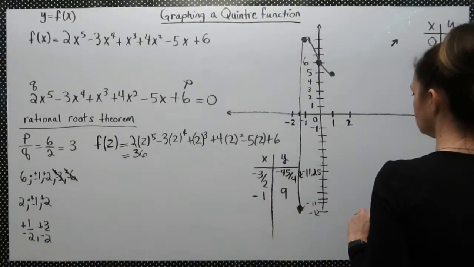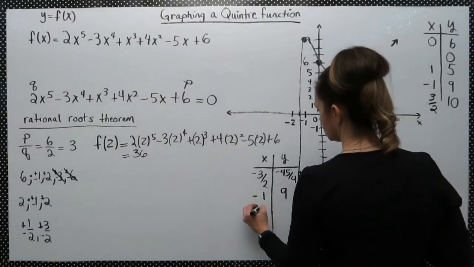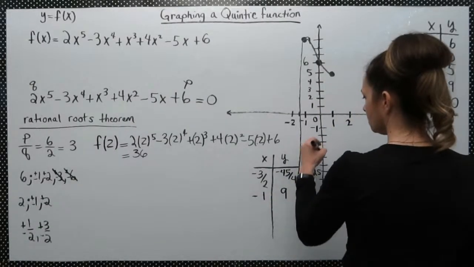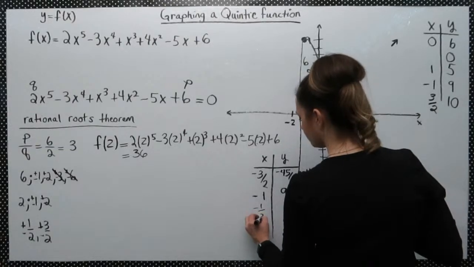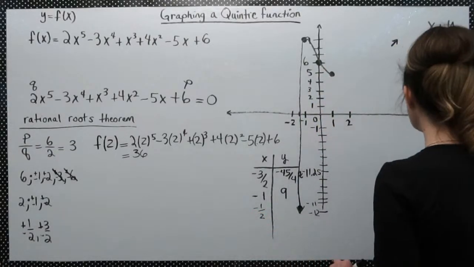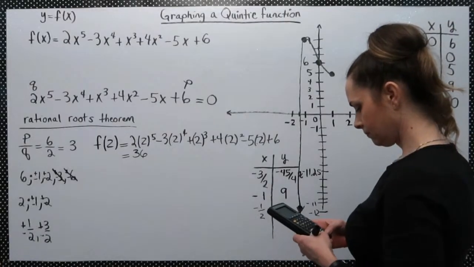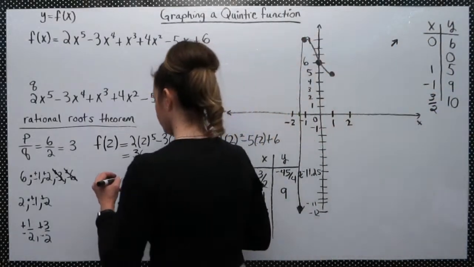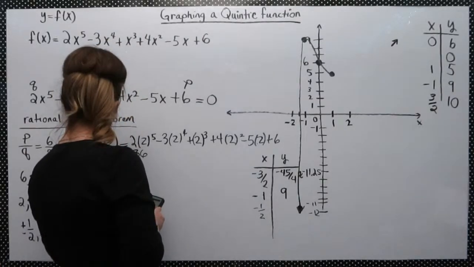And then at positive 1, let's see, at 0, we're at 6. So hang on, negative 1. I want to do negative 1/2 next. That's the one I want to do next. Negative 1/2. So f of negative 1/2.